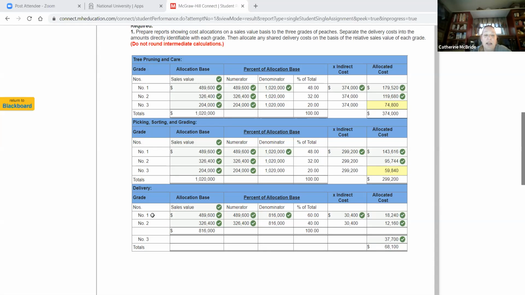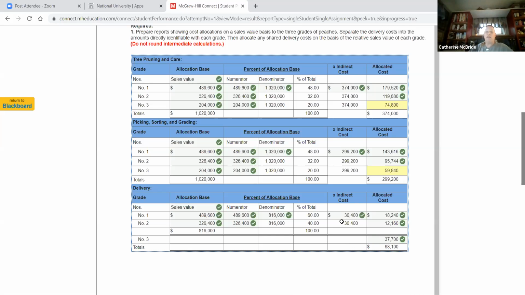Okay, so delivery. So for number 1, we have the sales value of each of the departments. We just broke it into numerator and denominator to get the percentage. But we don't even need that here for the allocation base because they told us $30,400 for the first one. Oh, number 1 and number 3.